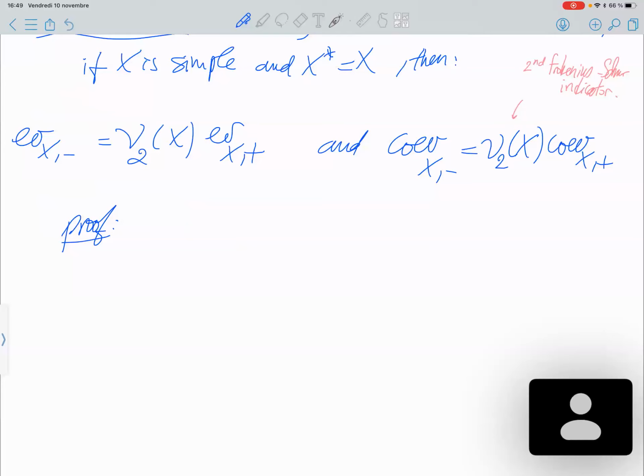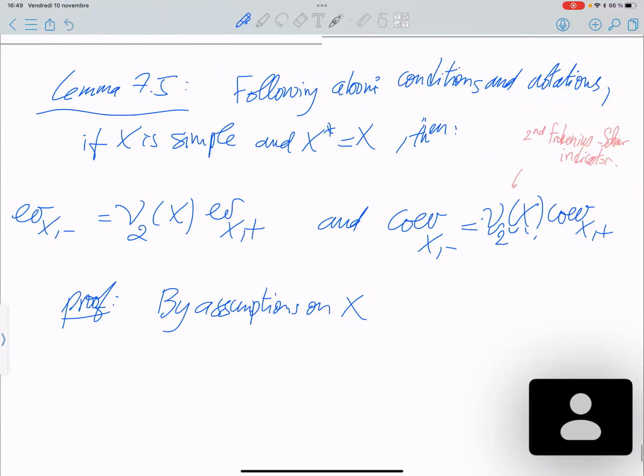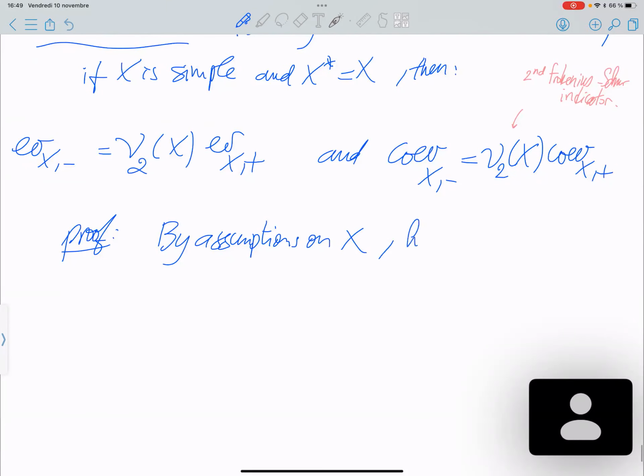Because X is simple and self-dual, the Hom space from X tensor X to 1 is one-dimensional. By assumptions on X, Hom_C of X tensor X to 1 is one-dimensional.